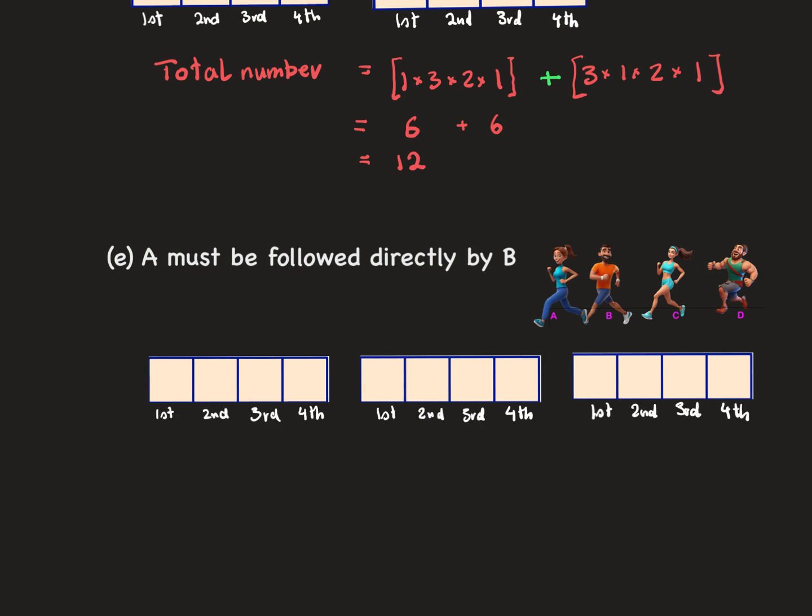So if A must be followed directly by B, then you could have this combination where I will place A here and I will place B here. But at the same time, I could place A here followed by B here, or I could place A here and follow it by B here.